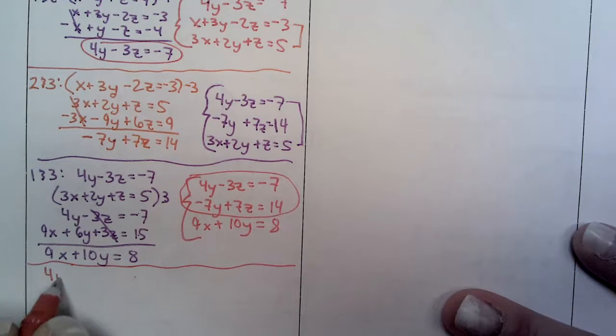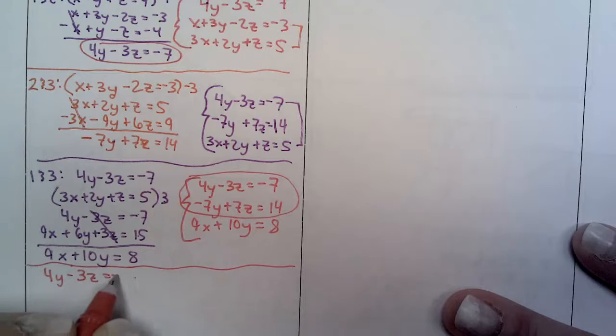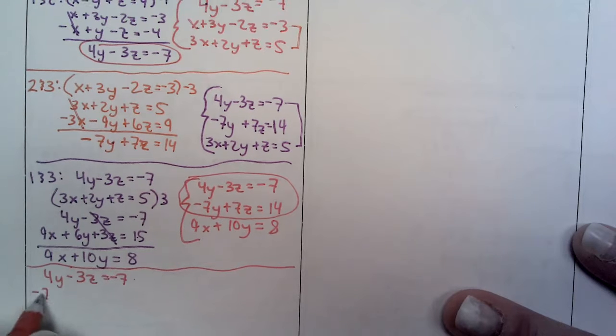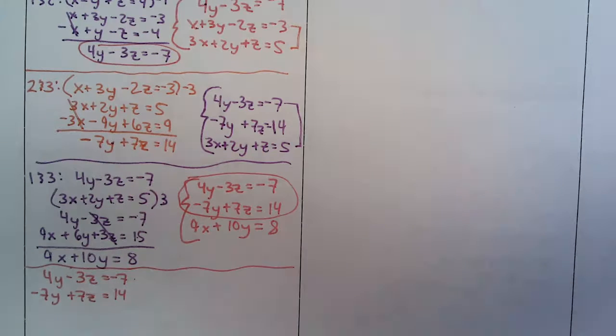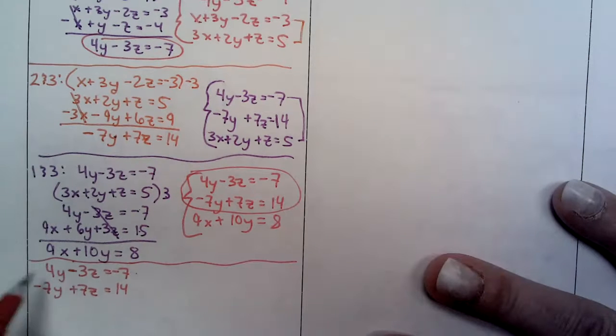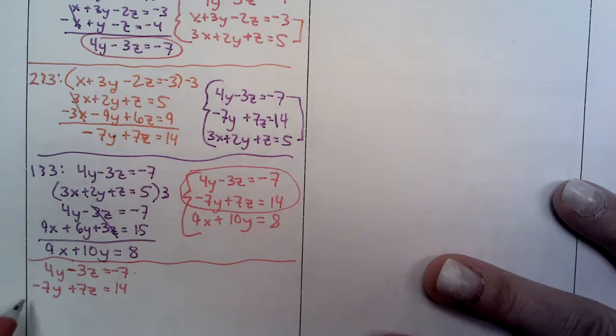Okay. So 4y minus 3z equals -7. -7y plus 7z equals 14. Well, in this case, I could solve using substitution, or I could solve using elimination. Since I've been using elimination, I'm just going to keep doing that method. Whichever method works for you is fine.